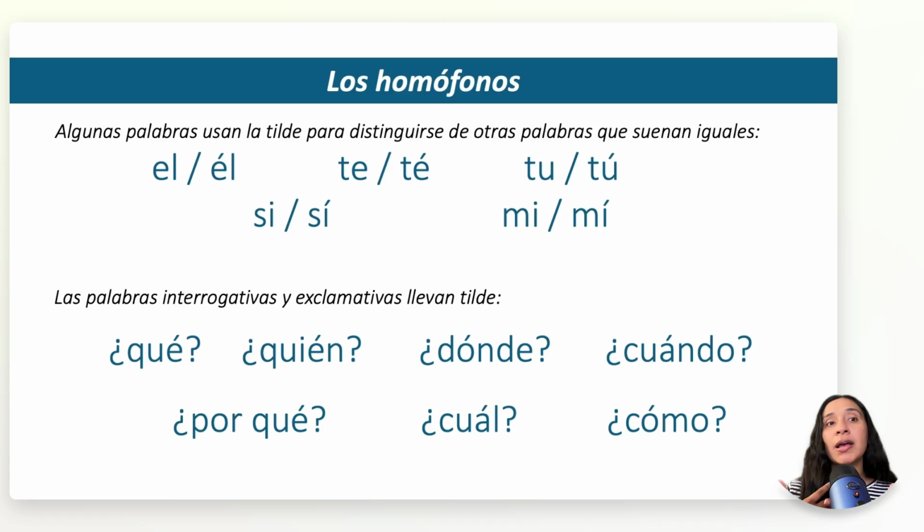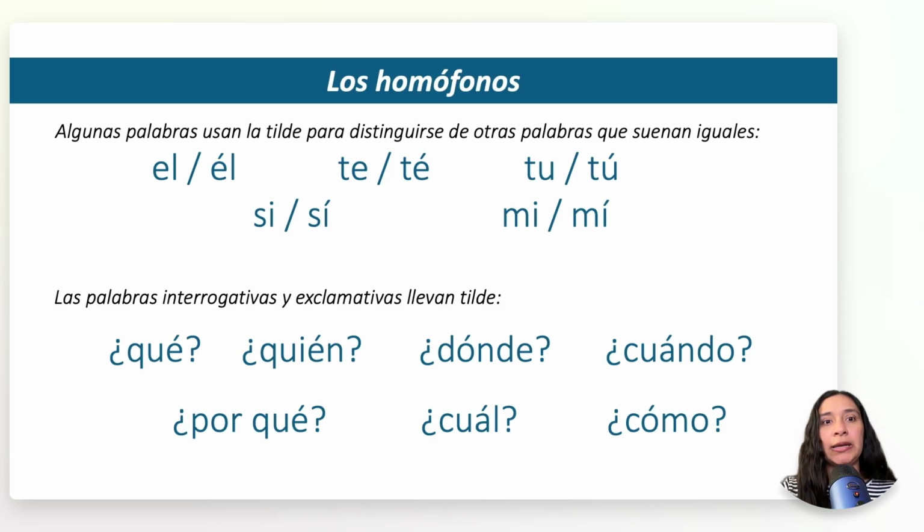You can say that. And las palabras interrogativas, the WH questions or interrogative words like qué, what, quién, who, dónde, where, cuándo, when, por qué, why, cuál, which one, cómo, how, they have a tilde, and the emphasis goes on the syllable that has the accent mark, the tilde.